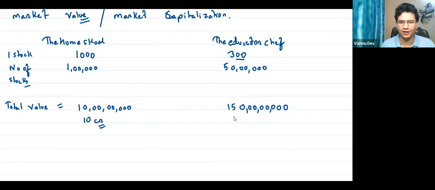So it will be 150 crore. Yes or no? Correct?